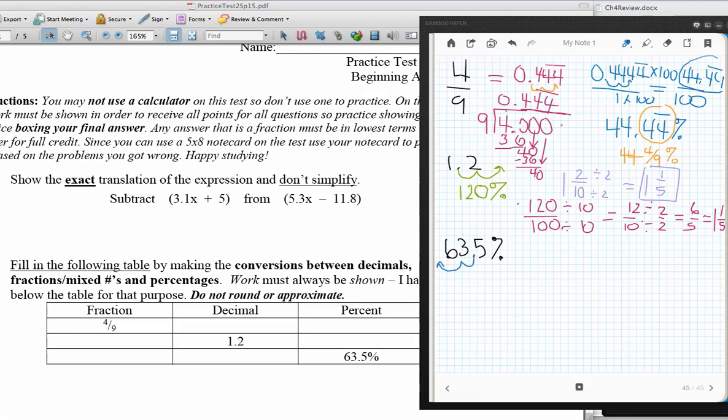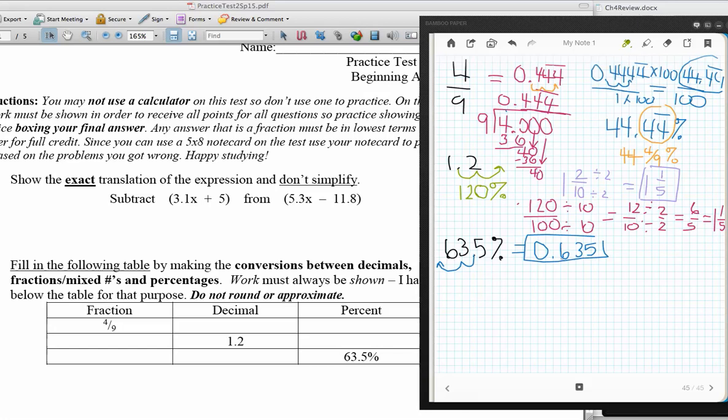So if we convert a decimal to a percentage, it's to the right, and then going backward, it's 2 to the left. So this number is 0.635. So there's my decimal representation of 63.5%, 0.635.